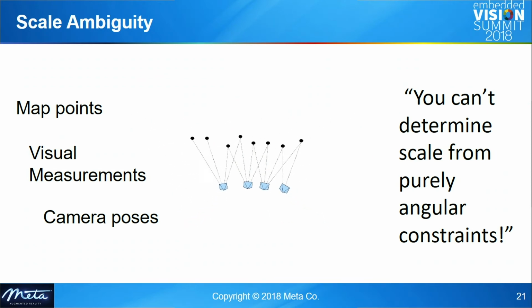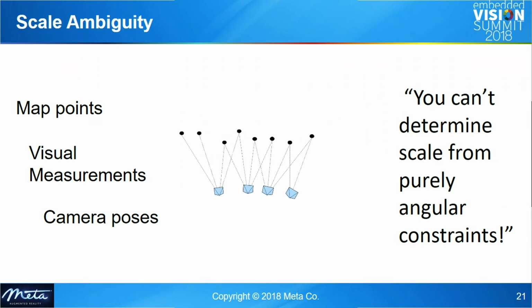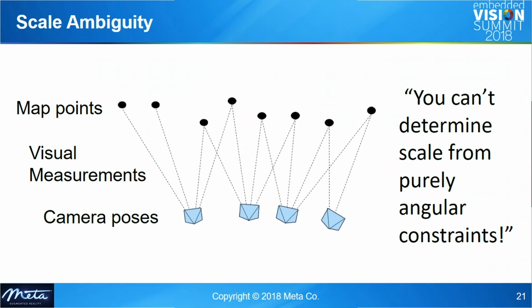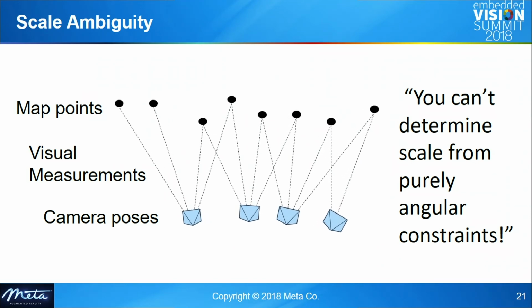But if we scale the whole system, if we make everything smaller or bigger, the angles will still remain the same. So from a single camera, monocular SLAM, we can only solve things up to scale. It could be that the point we saw was 10 meters away, and the camera moved 1 meter, or it could be that the point was 1 meter away and the camera moved 10 centimeters.